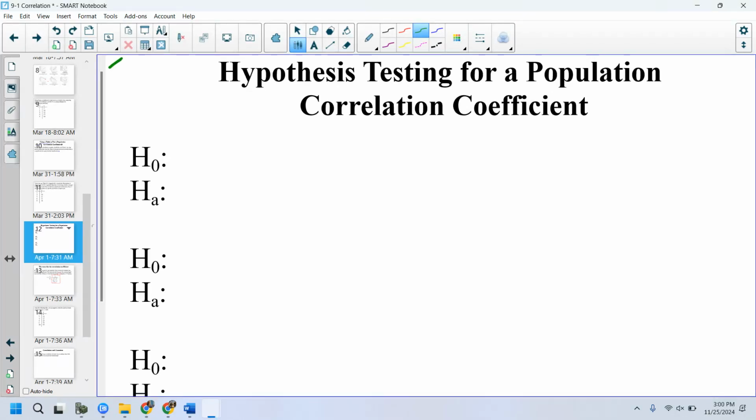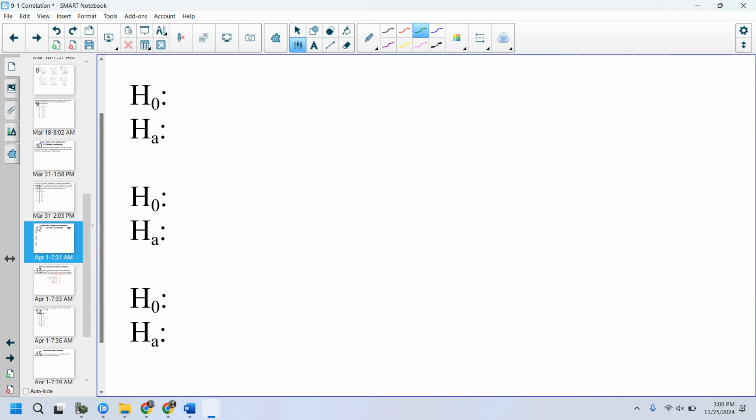Okay, so for hypothesis testing for a population correlation coefficient, we really have 3 different ways that we could put this, okay? And these are all decisions about rho. Rho could either be less than or equal to 0, rho could be greater than or equal to 0, rho could be equal to 0. Now, think about what this is saying.